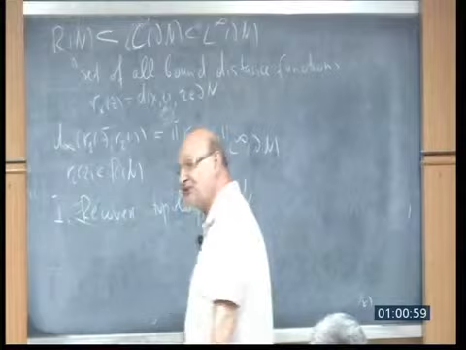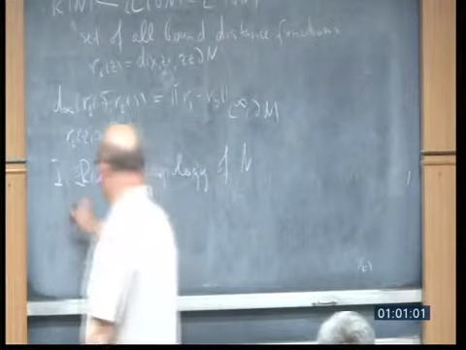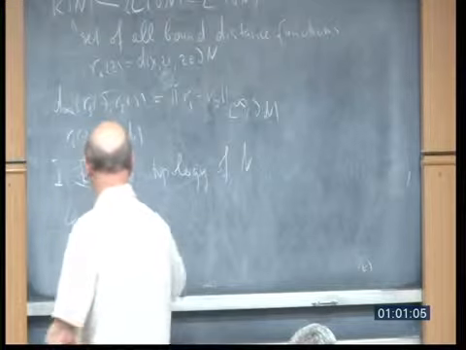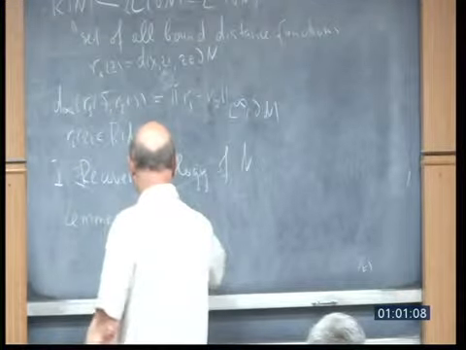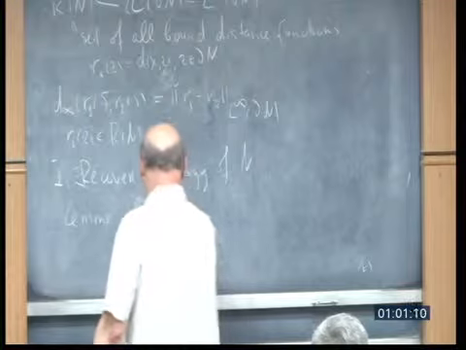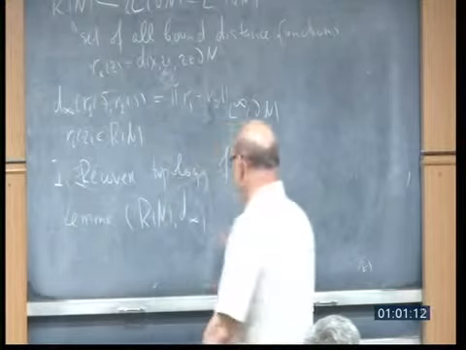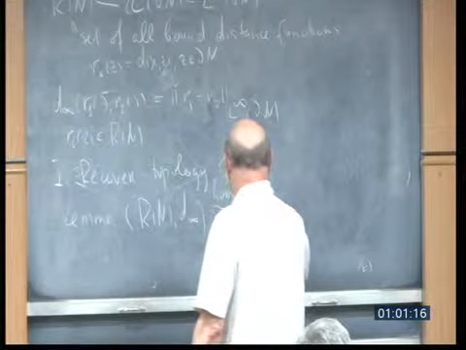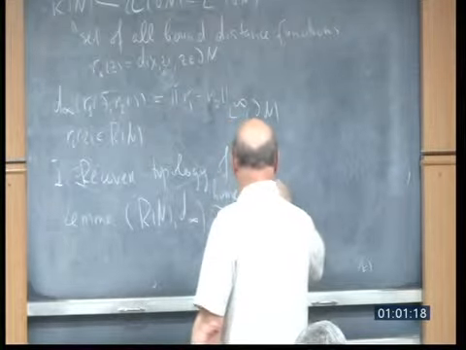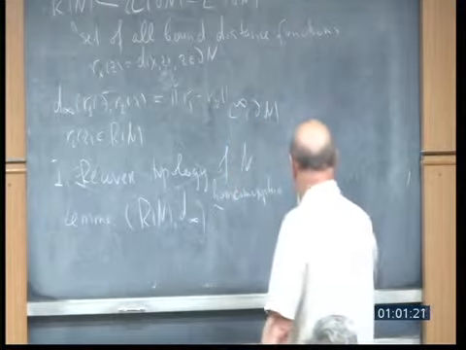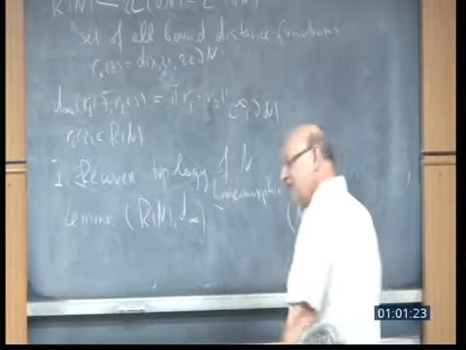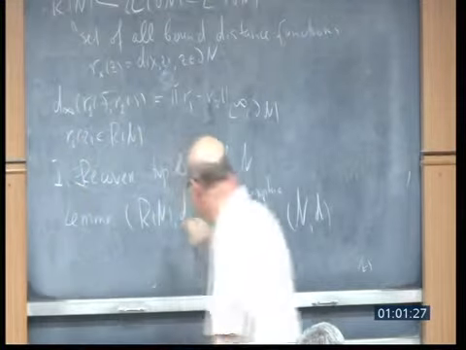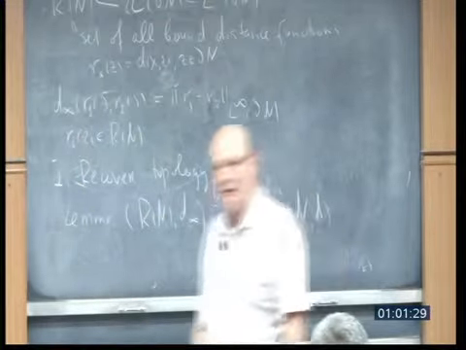And for this, we prove the following lemma. R of n with this metric is homeomorphic to n with its Riemannian distance. They are not equal; I even showed that this is not that. But they are homeomorphic.